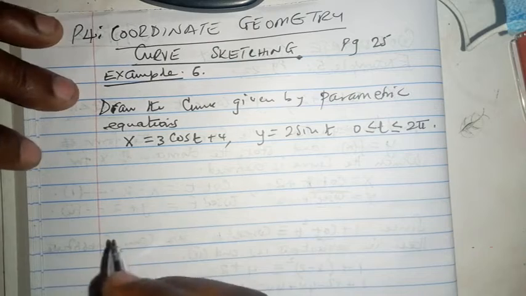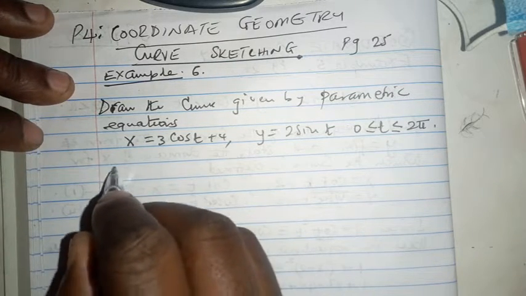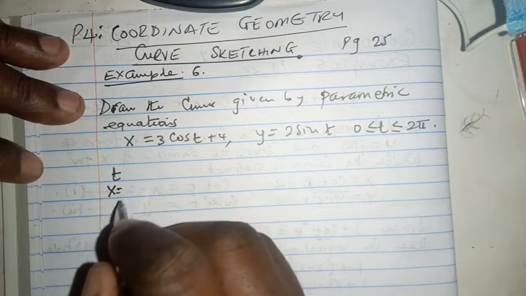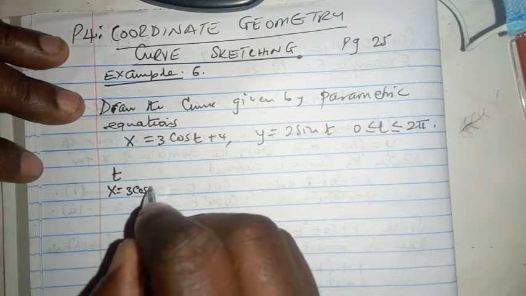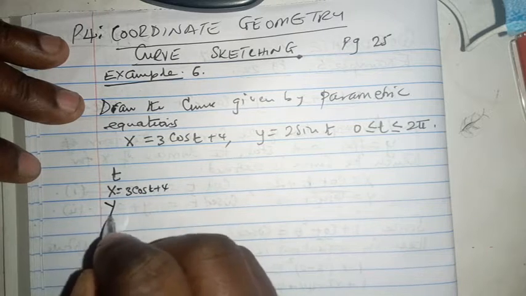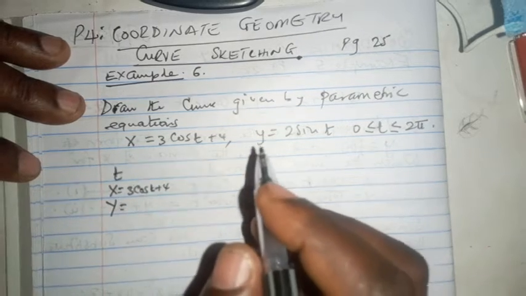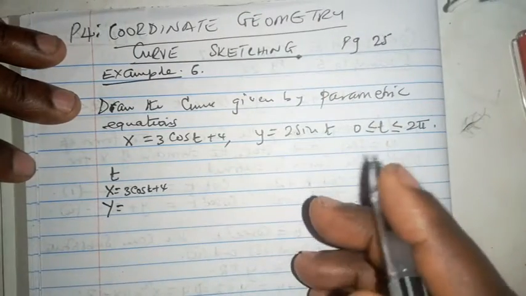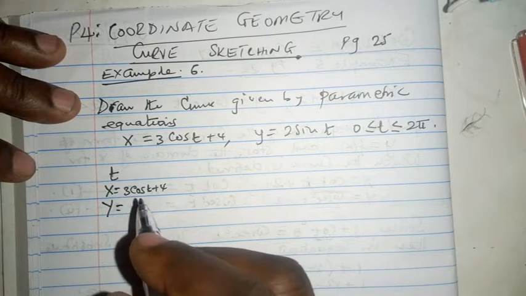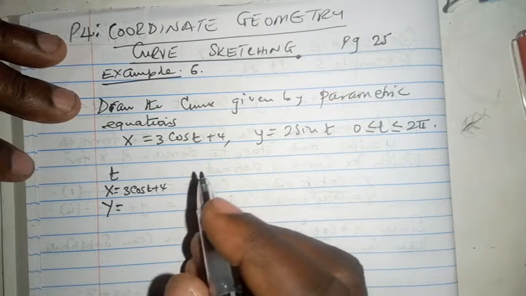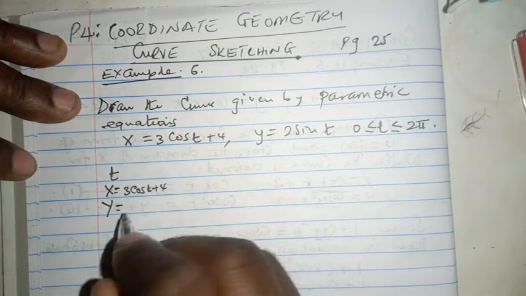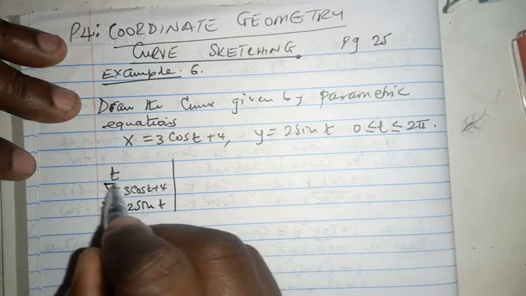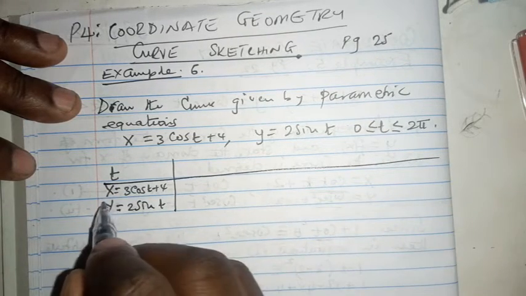Therefore, we must have the row of t, the row of x, which is equal to 3 cosine t plus 4, and we have y, because at the end of the day, we are going to have a graph in the xy Cartesian plane. So the variables will obviously be x and y, or y against x. So y is equal to 2 sine t. And at that point, we can make our table of values.